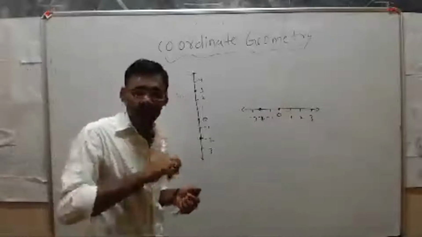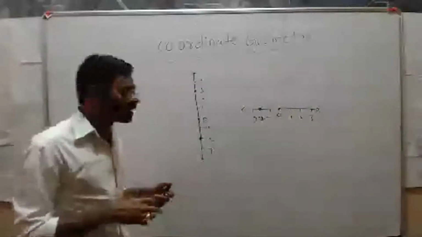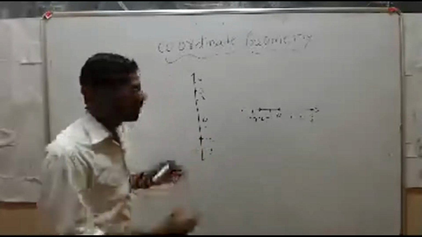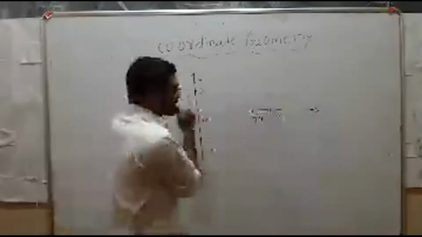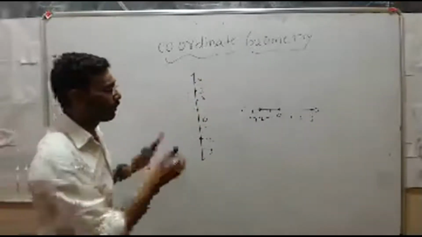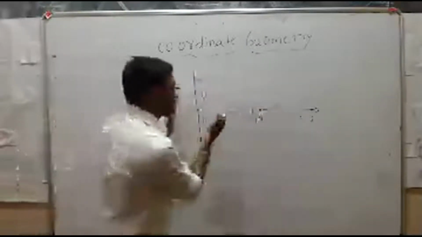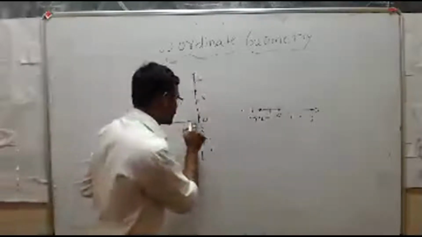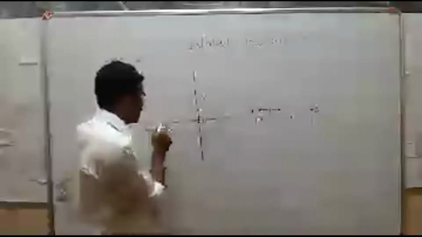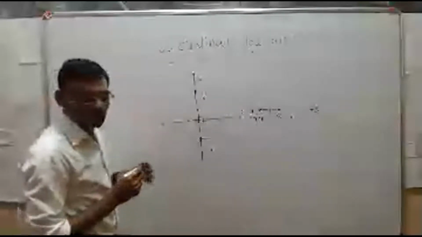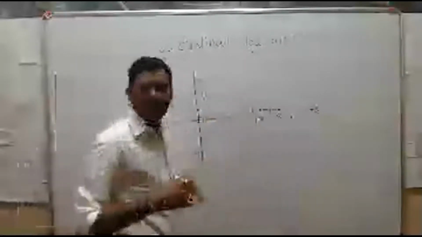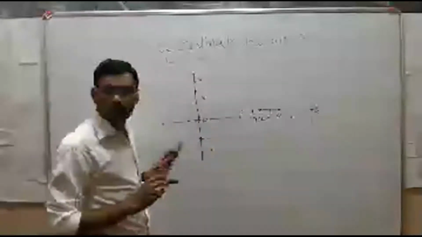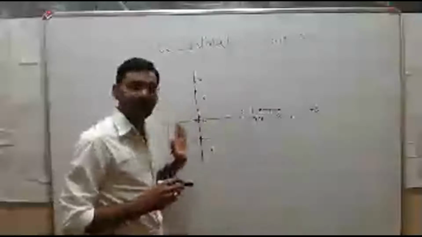But in this coordinate geometry, we are going to learn about both lines. Both the lines will intersect each other at O. In coordinate geometry, both lines will intersect at 0.